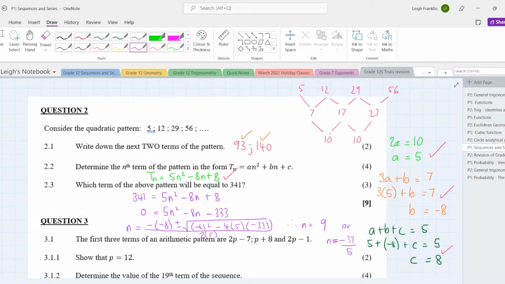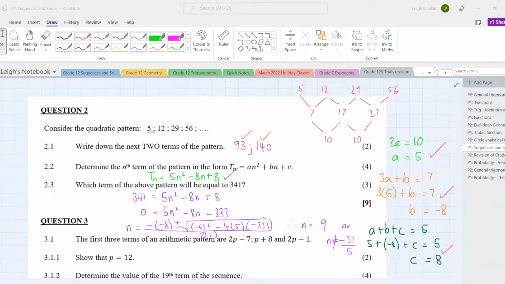But in the context of number patterns, n has to be a natural number. So that means that we have to put a line through the equal sign, and therefore n equals 9 only. Do not make the mistake of just writing down n equals 9. You've got to say n equals 9 or negative 37,5 and then put a line through the negative 37,5.